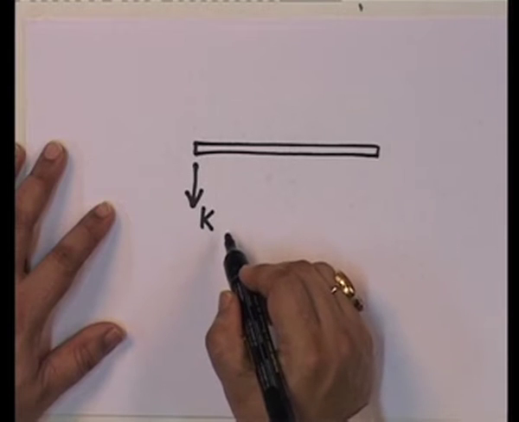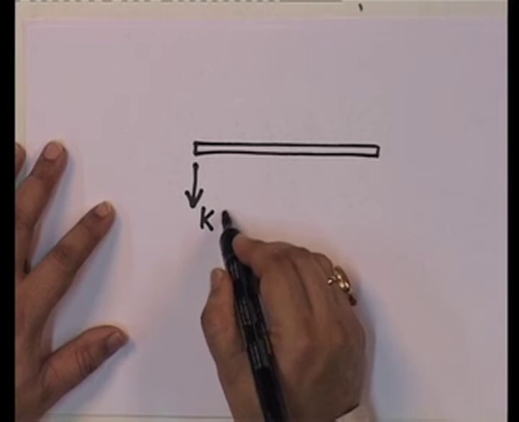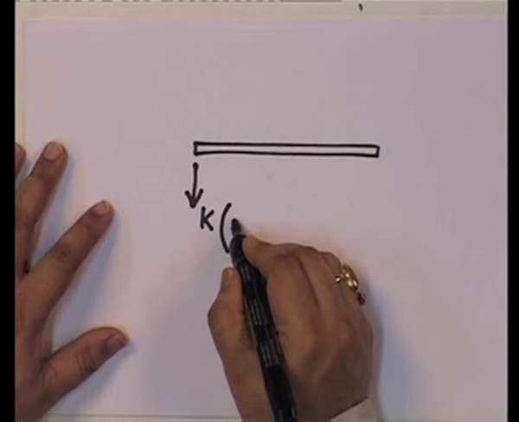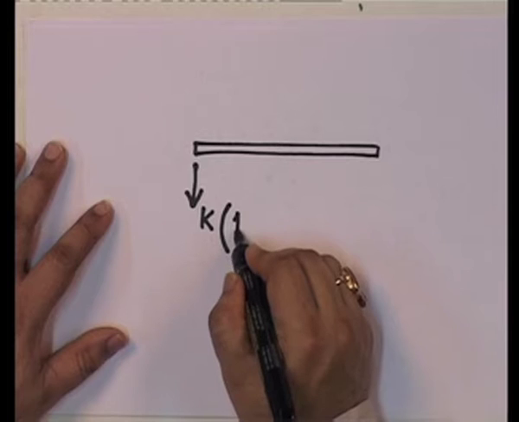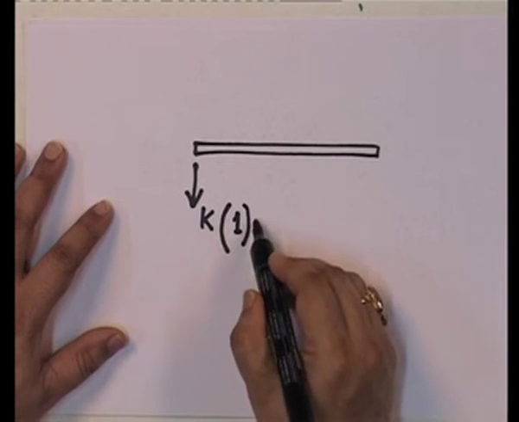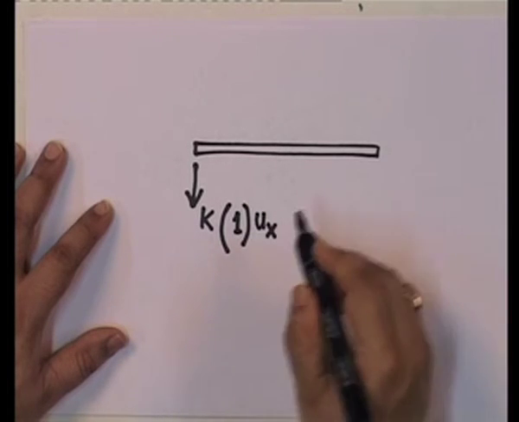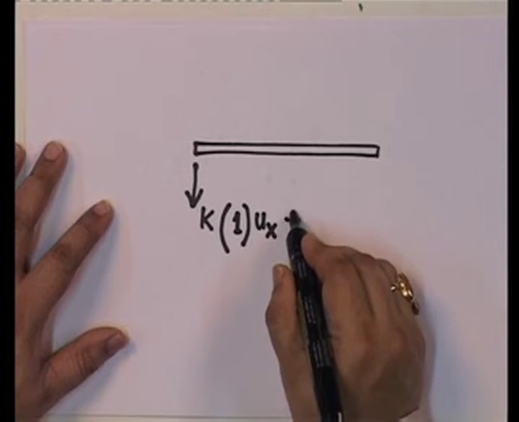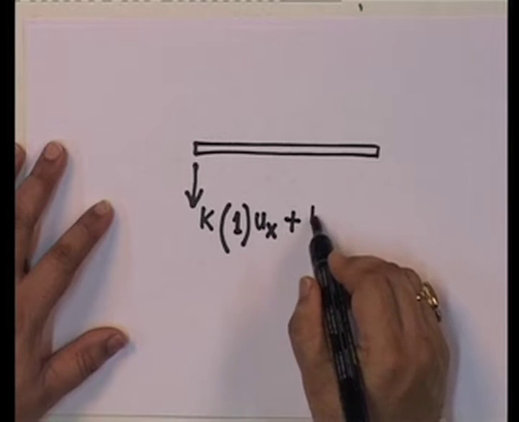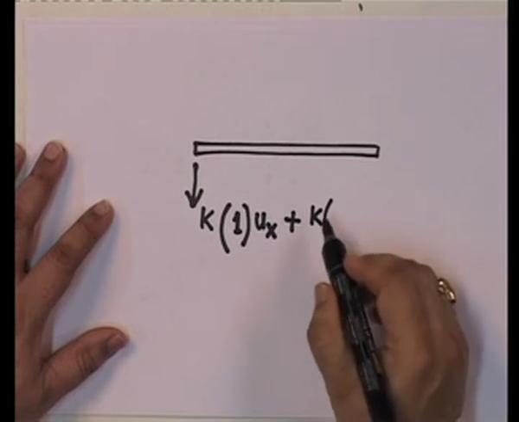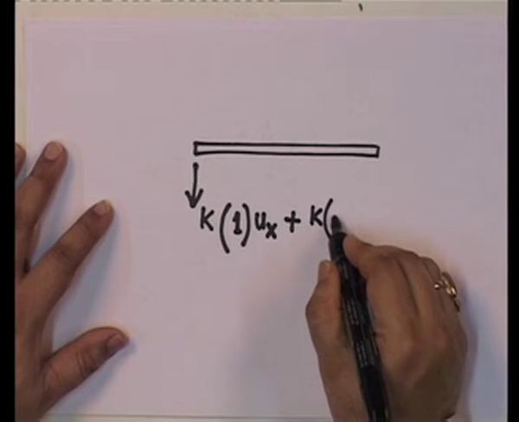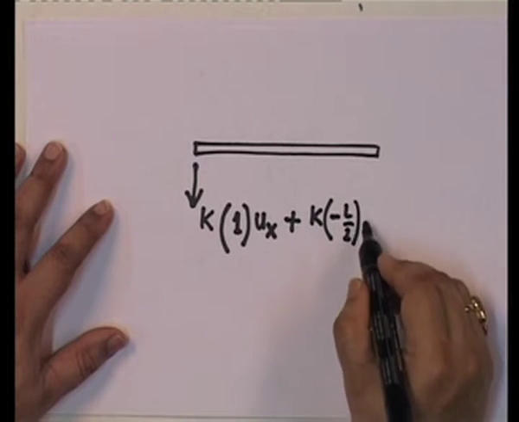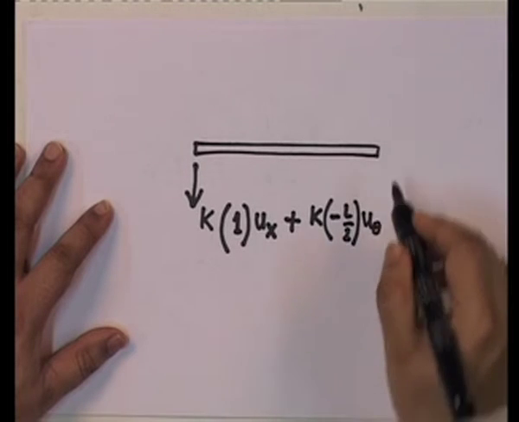It is going to be minus x by L. So, it is one into u x plus k into minus L over 2 u theta.